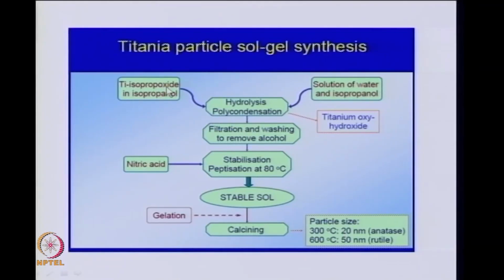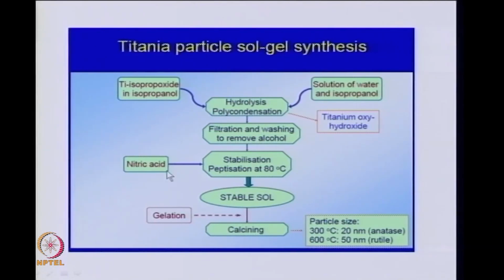So, you dissolve this titanium isopropoxide in isopropanol and add another solution containing isopropanol and water, and then hydrolysis and polycondensation occur, which then gives you some precipitate which you filter and wash to remove the alcohol.